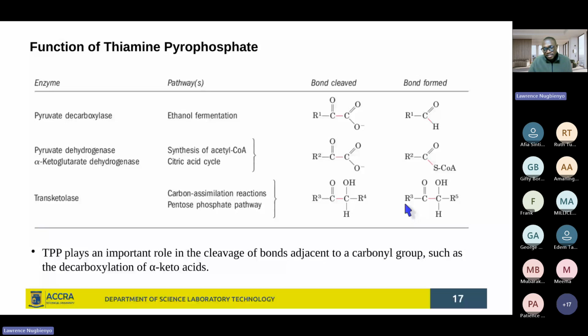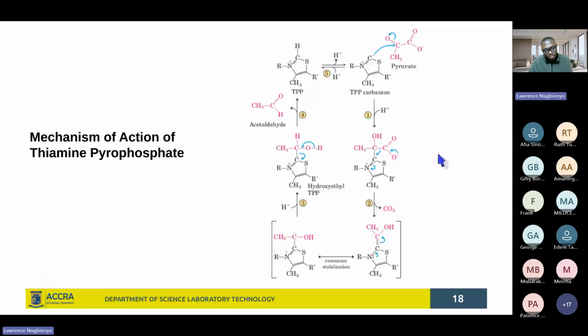Now, what we are seeing is the mechanism of action of thiamine pyrophosphate. Now, these two, please, it's not a thing that you should cram in your head. You just have to sort of appreciate the step-by-step process by which reactions occur, so that you don't think that when reactions are written like A plus B is giving you C, it's a simplified way of presenting it.